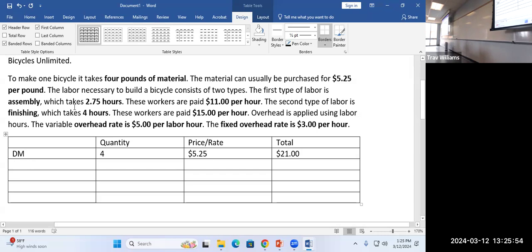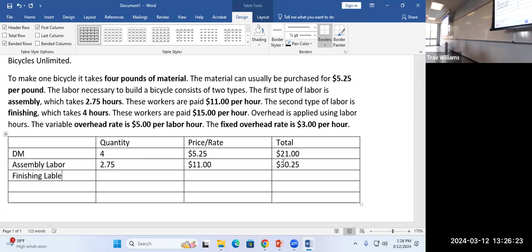Okay. Then again, we have 2 types of labor. We have assembly, and that takes 2.75 hours, right? At $11 per hour. What does that come out to? $30.25. Okay. Then we have finishing labor.